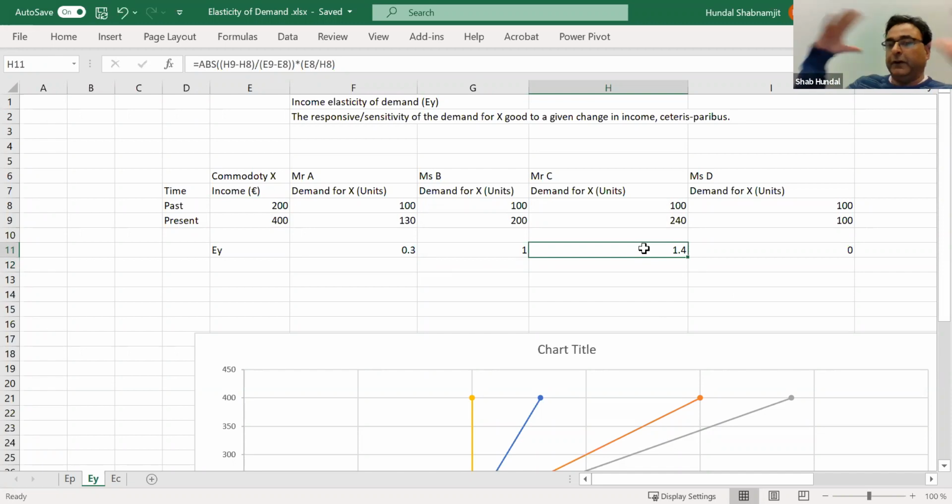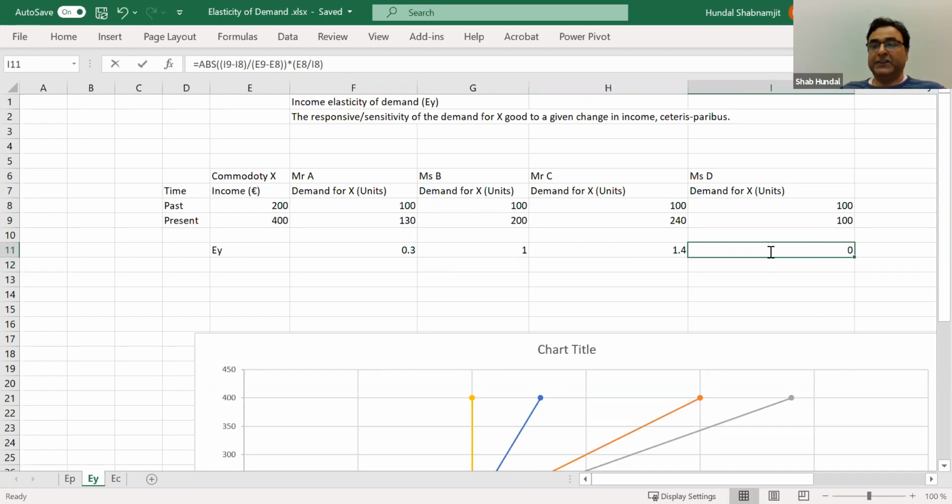So the reaction is 1.4 either way. But then we have this nice character, Miss D. Once again, the income is doubled. She doesn't change her consumption. So in that case, the coefficient of income elasticity of demand is 0. So there is no reaction to it.